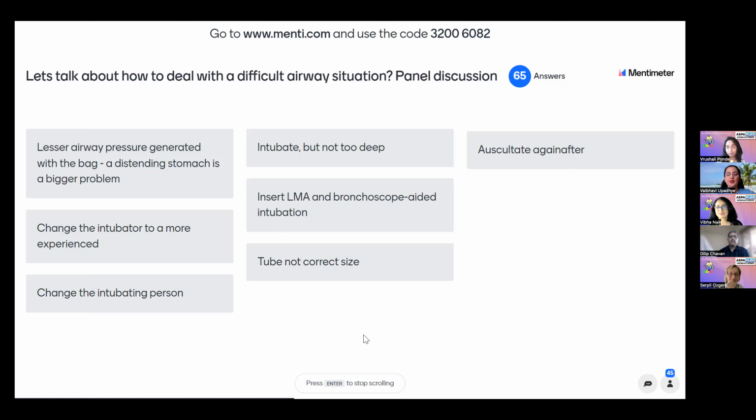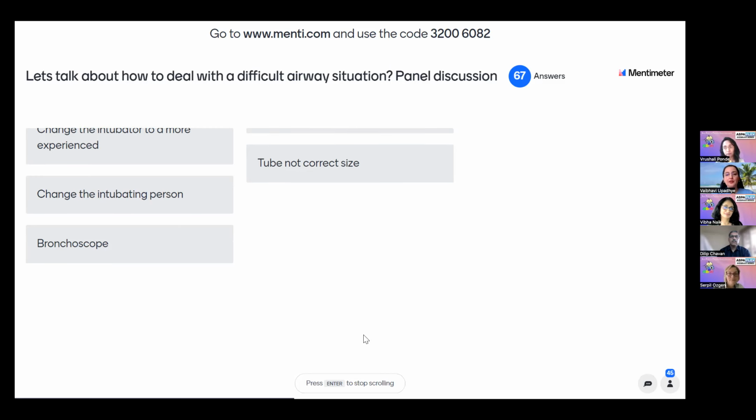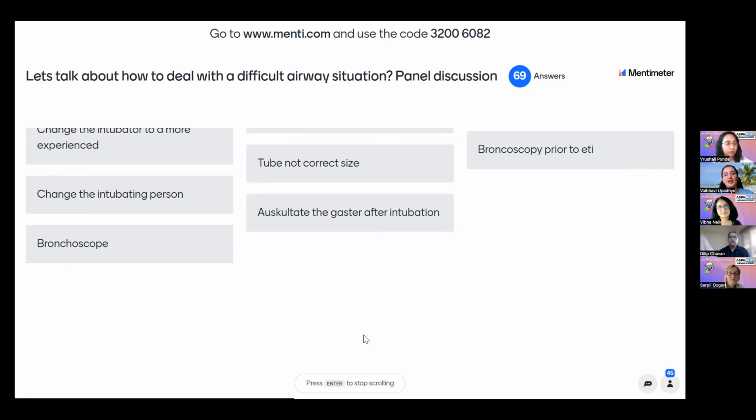Because bag mask ventilation was our only savior, I would invite Dr. Vibha to talk about how to optimize bag mask ventilation. That's something that we rely on. Absolutely. We rely on bag mask ventilation when there is a difficult intubation.